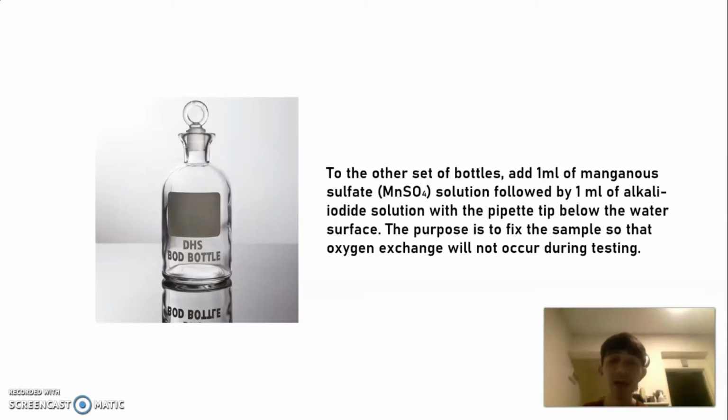Then to the other set of bottles, add 1 ml of manganese sulfate (MnSO4) solution, followed by 1 ml of alkaline iodide solution with the pipette tip below the water surface. The purpose is to fix the sample so that oxygen exchange will not occur during testing.